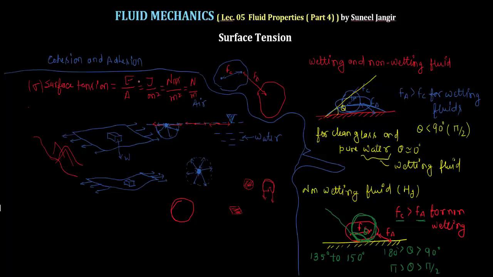So as there is an energy investment over the area, if there is a solo drop of water, it will take a spherical shape, because we know the surface area of a sphere is less compared to other shapes. So if the area is less, the energy investment will be less. That's why it will take a spherical shape.